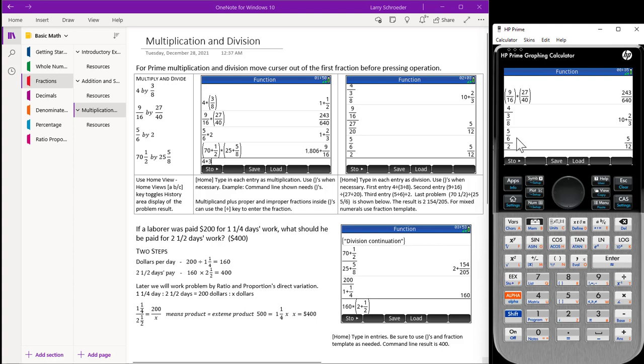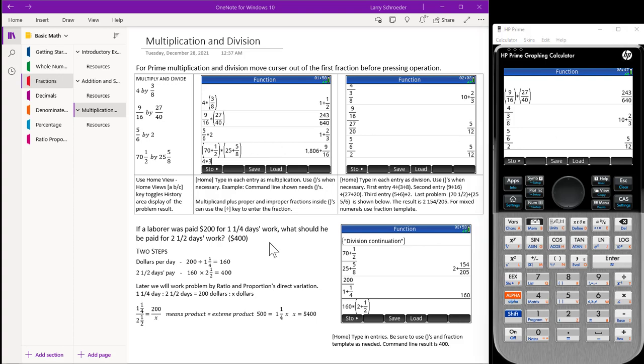Notice again that the parentheses are dropped, but we had to put the parentheses in when we entered it. So this would be true for all of the division problems. We won't work the rest of them out. We can see over here with multiplication when we needed to put in parentheses and when we didn't need to put in parentheses.